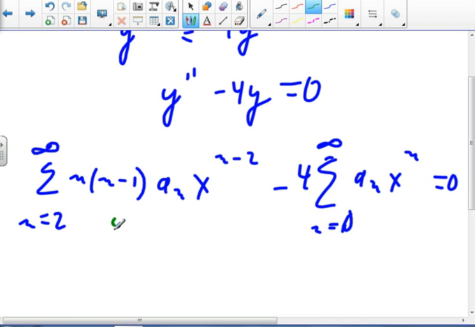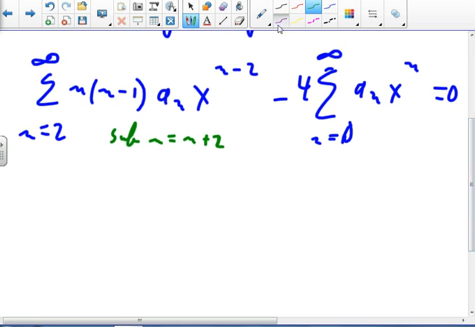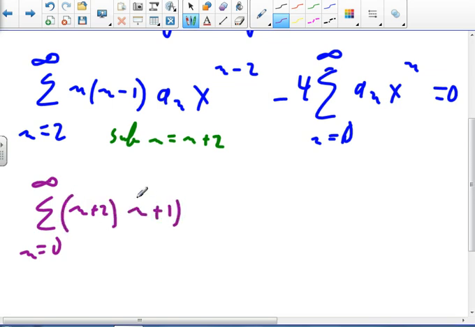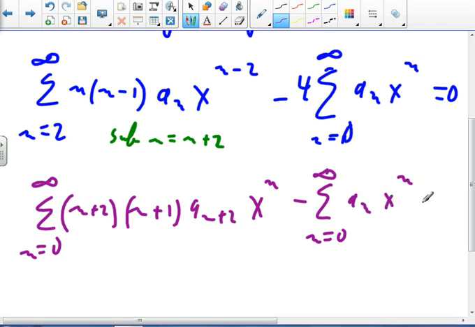I'm going to do a substitution. n equals n plus 2. I'm doing that so that this becomes x to the n, and I can combine my summation signs. That's why I'm doing that. So I got summation n equals 0 to infinity, n plus 2, n plus 1, a n plus 2, x to the n, minus summation n equals 0 to infinity, a n x to the n is equal to 0.